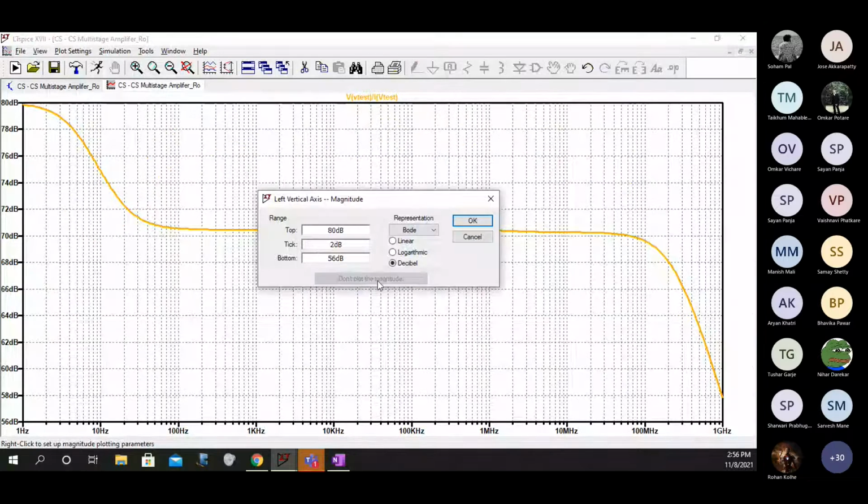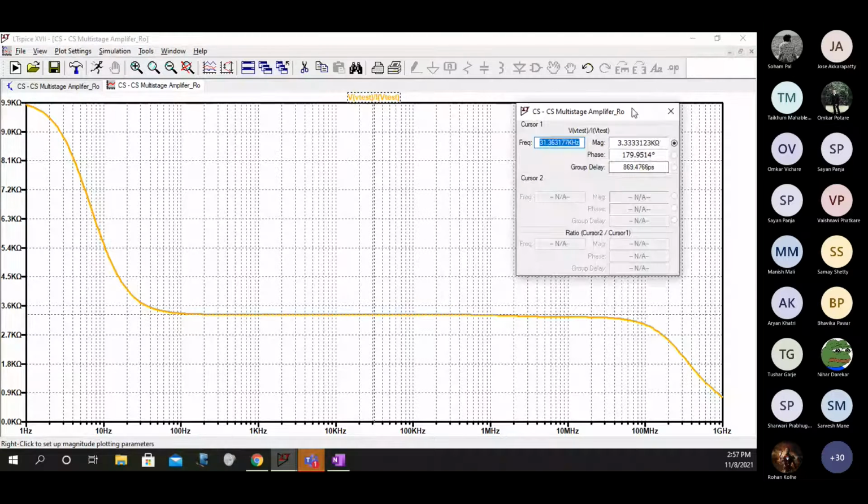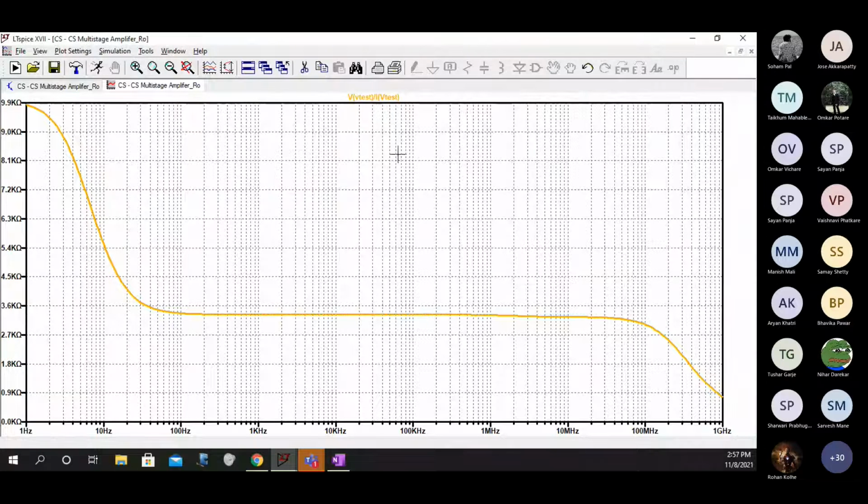And finally, if we make this linear, we'll get this 10.8. So this is the output impedance. That is 3.33 again. So what is the moral of the story?